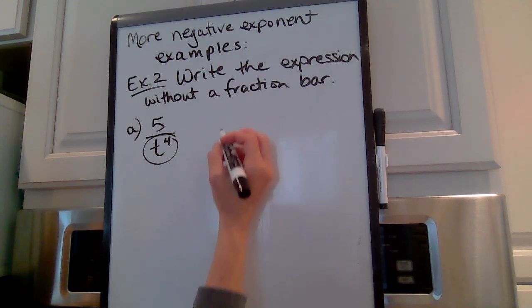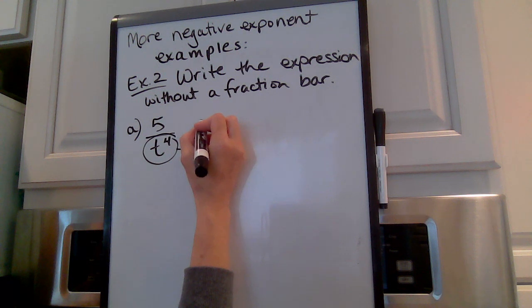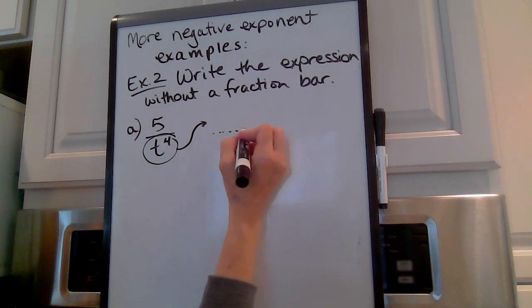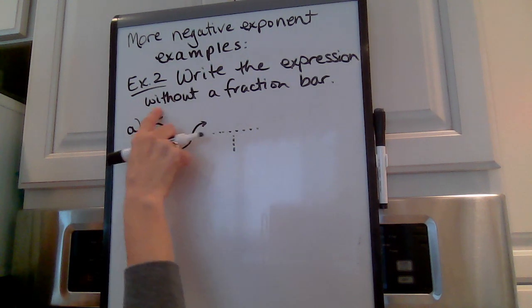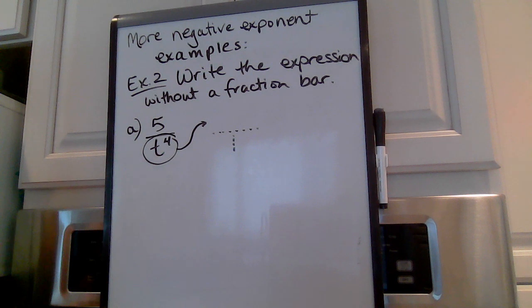So to do that, we're going to move this t to the 4th to the numerator. And I'm just going to put the dotted over 1 there so we can see that it is the numerator. We really wouldn't want it because we're supposed to be writing it without a fraction bar. But if I move it to the numerator, I need to represent that it really belongs in the denominator.